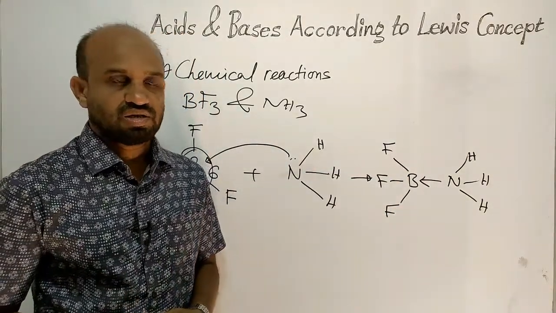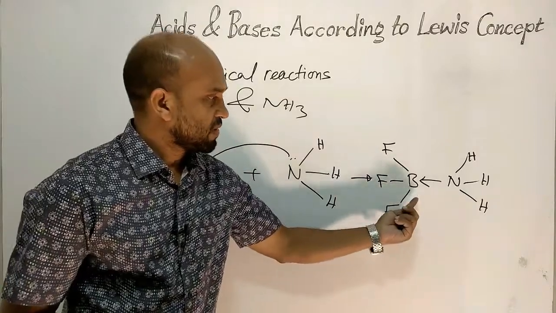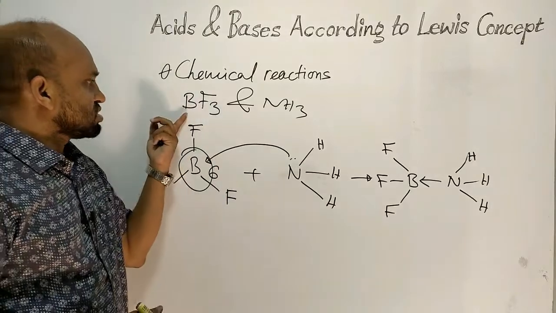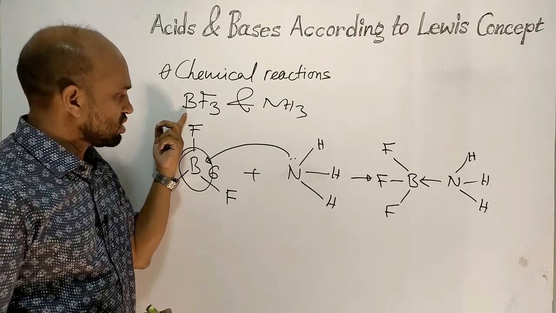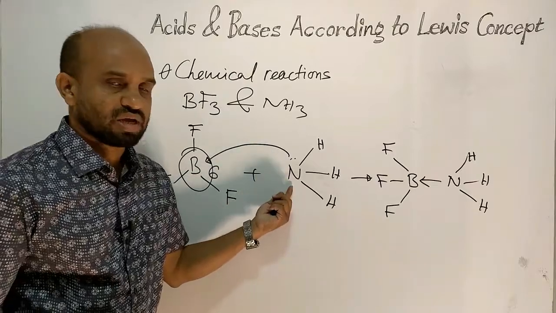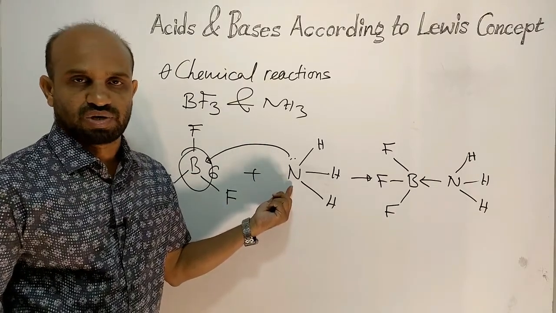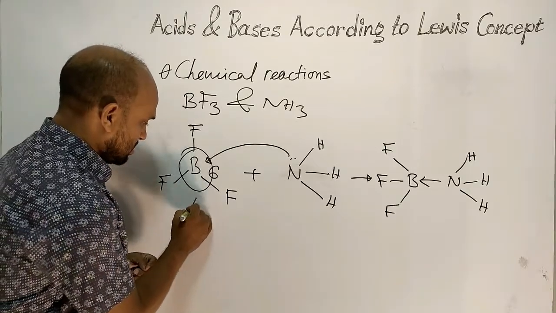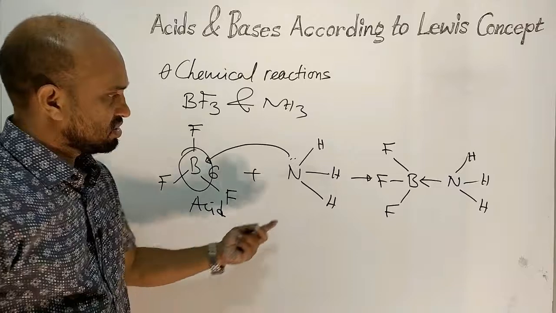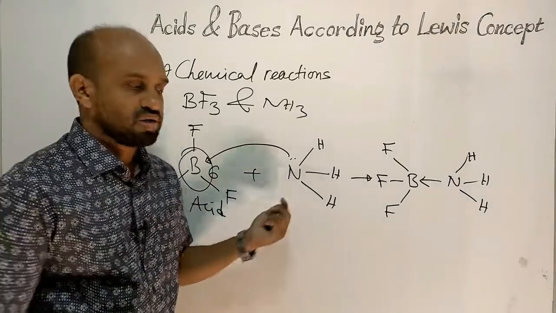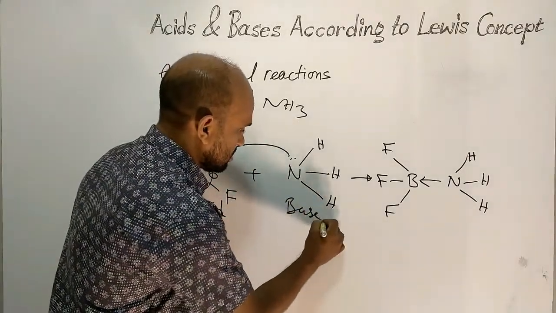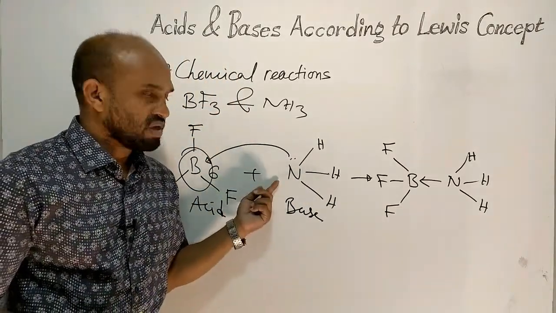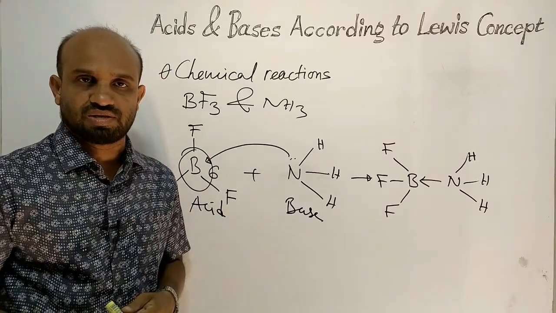So in this reaction, that means in the formation of trifluoroboron ammonia, boron trifluoride accepted one pair of electrons and ammonia donated one pair of electrons. So electron pair acceptor is Lewis acid, and electron pair donor is Lewis base. So here boron trifluoride is Lewis acid and ammonia is a kind of Lewis base.